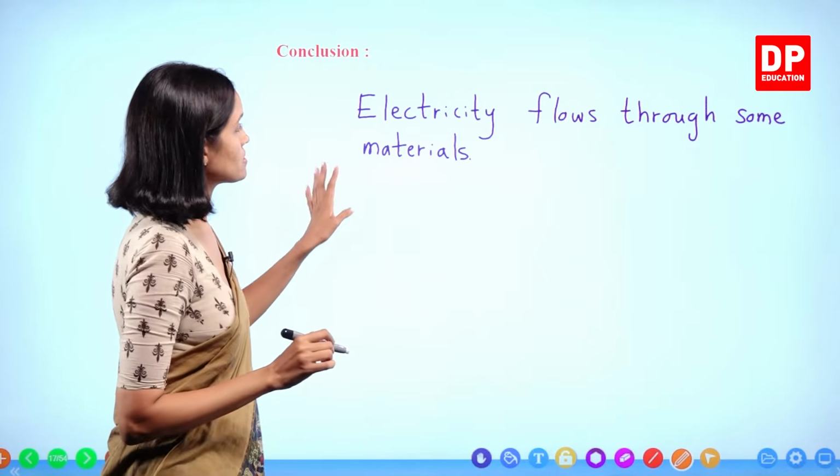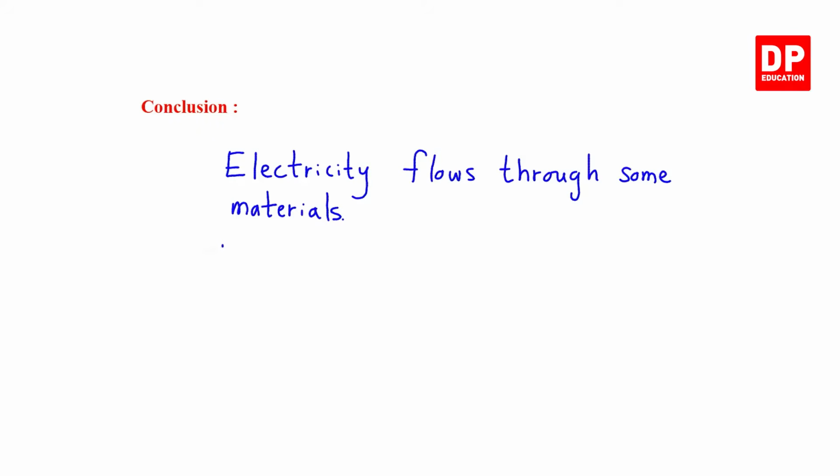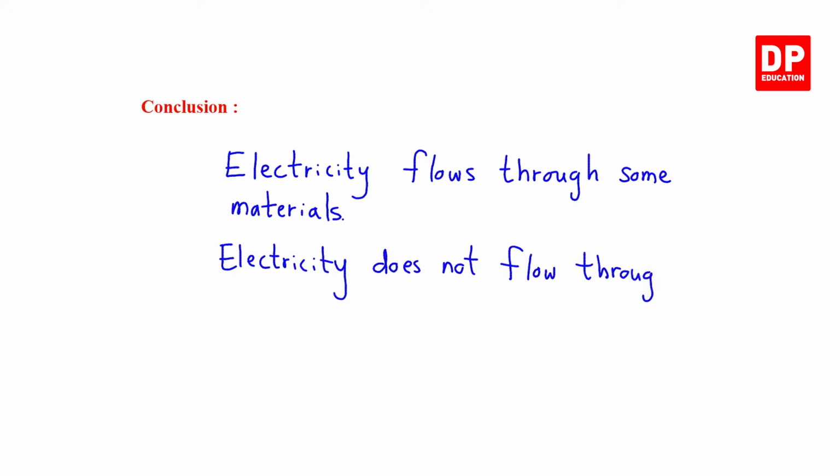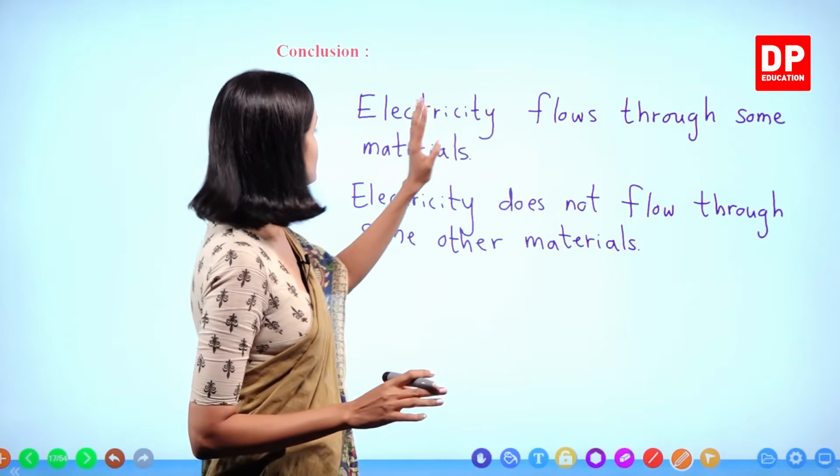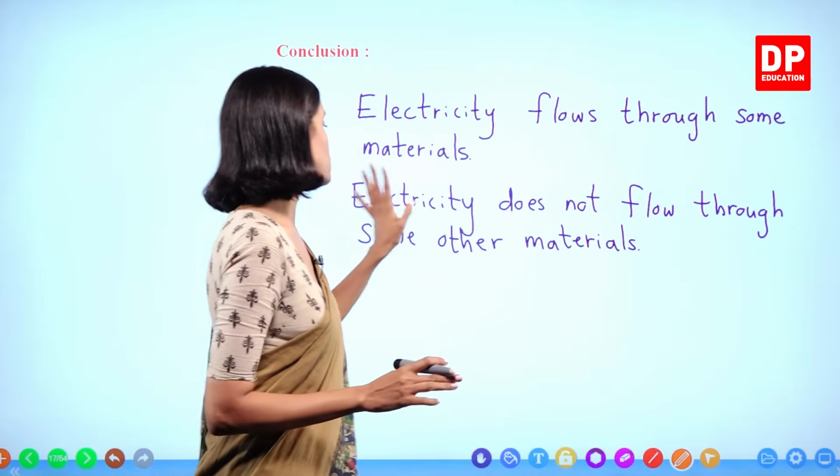Electricity flows through some materials and electricity does not flow through some other materials.